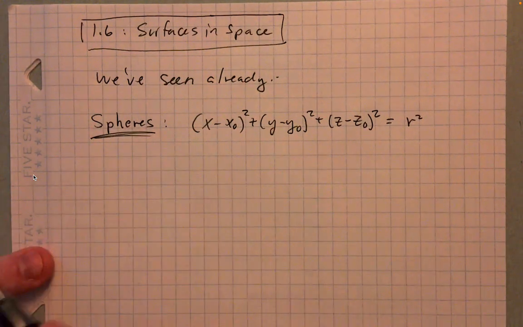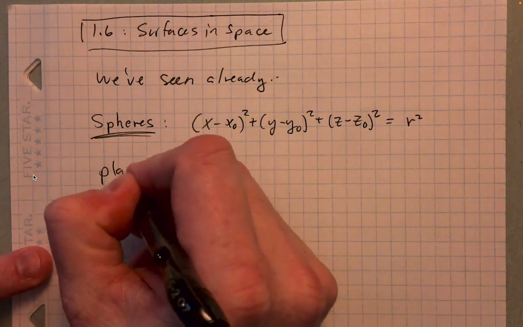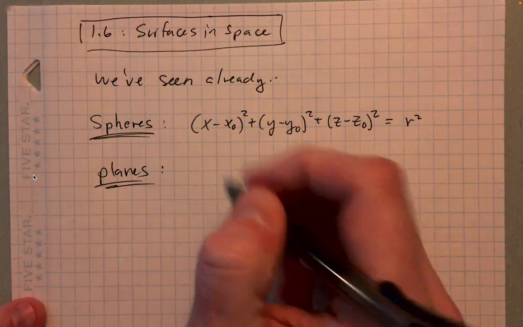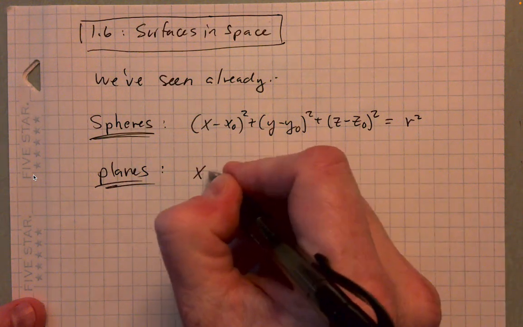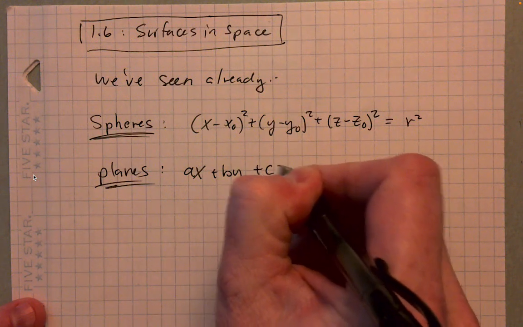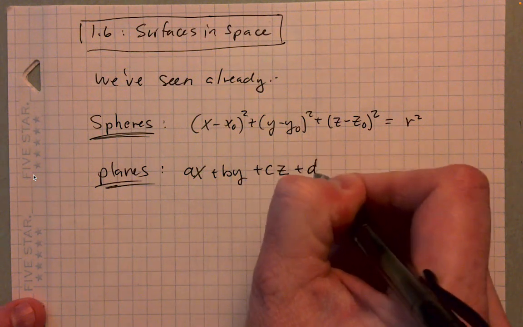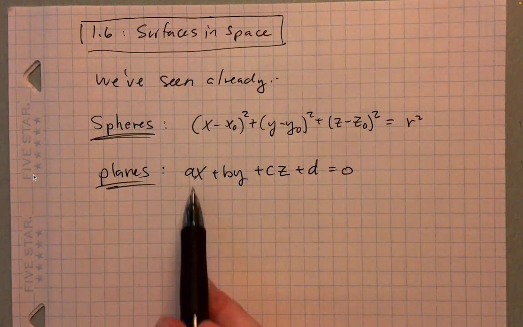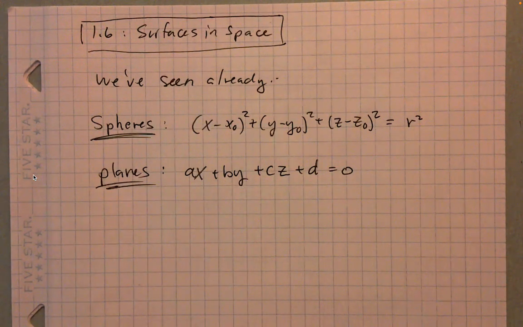We've also just got done talking about planes. Planes can be represented using the equation ax plus by plus cz plus d equals 0. In this case, a, b, and c are the three coordinates of the direction vector of a vector normal to the plane.